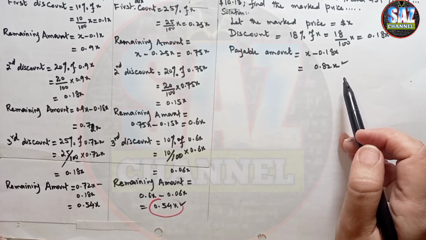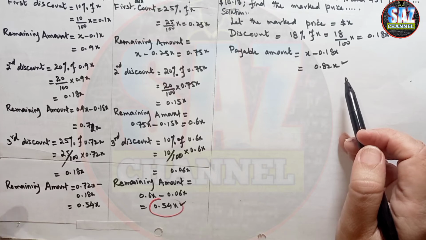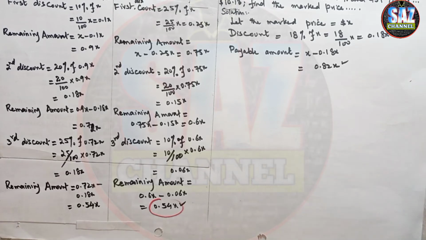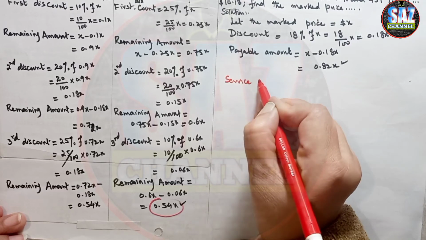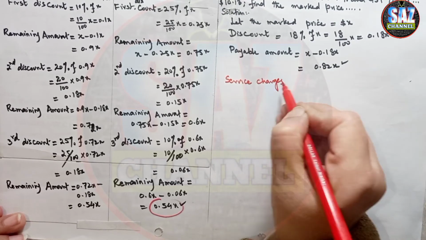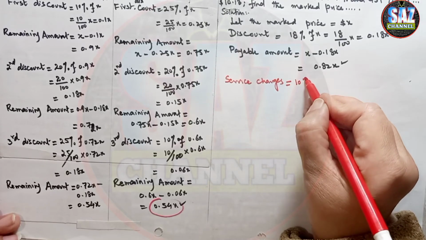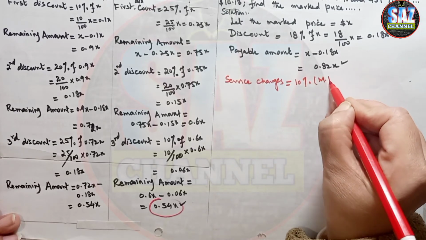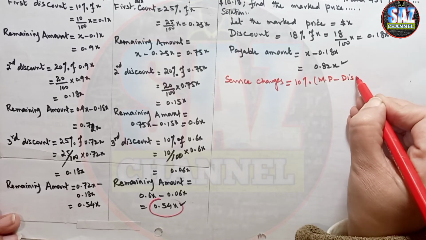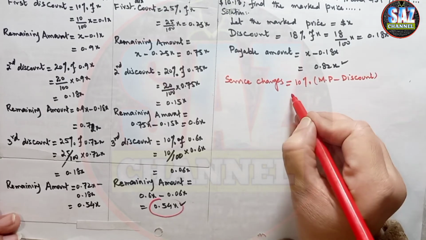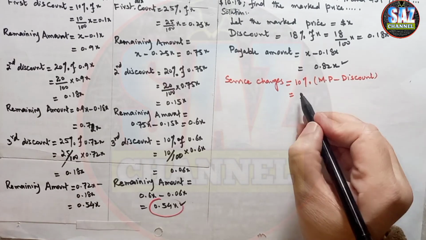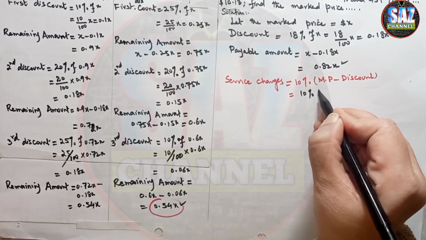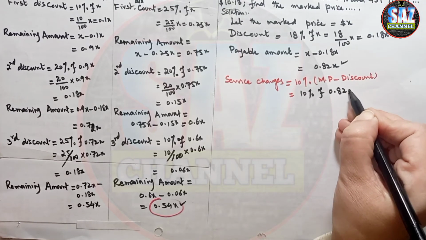On this amount, she has to pay the service charges of 10%. Now we have to find how much she is paying as the service charges. So service charges are 10% of mark price minus discount, and that will be equal to 10% of 0.82x.